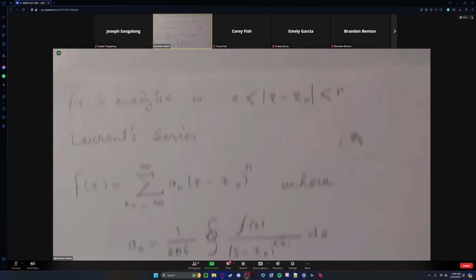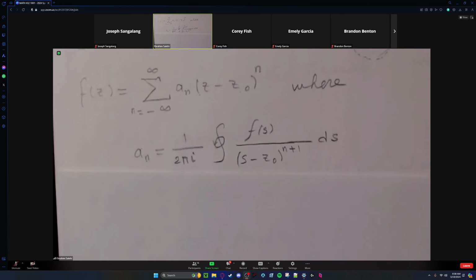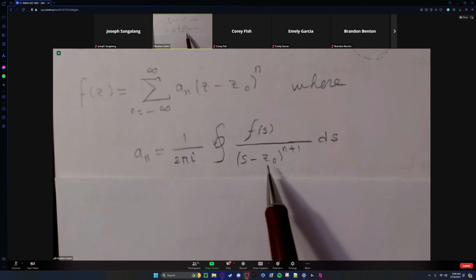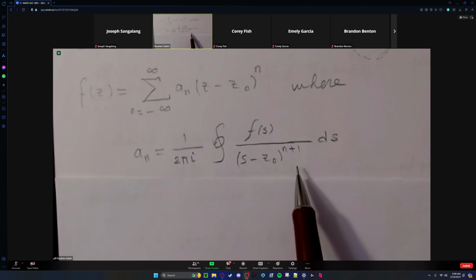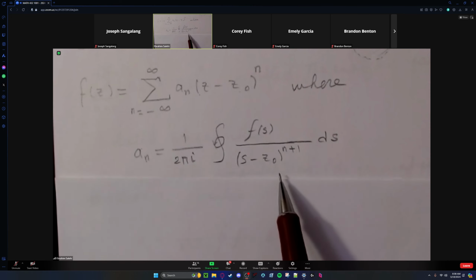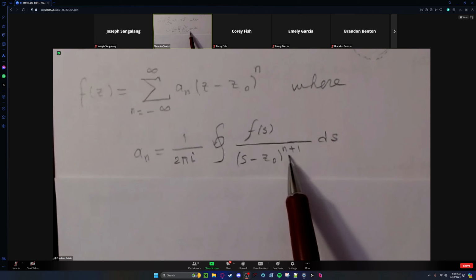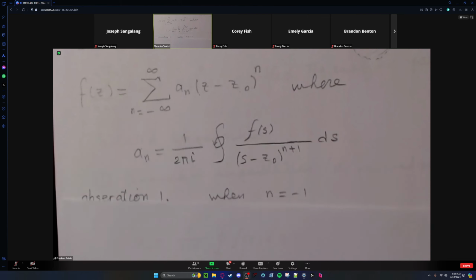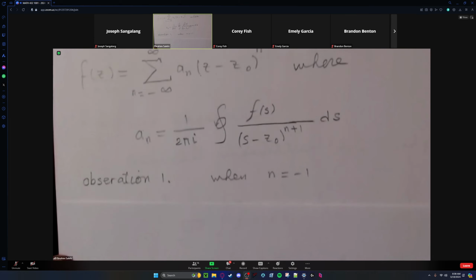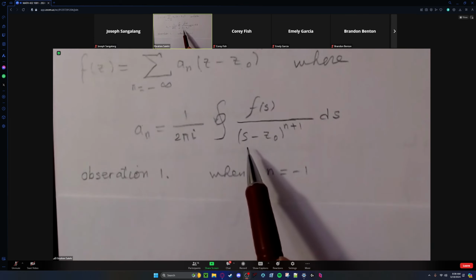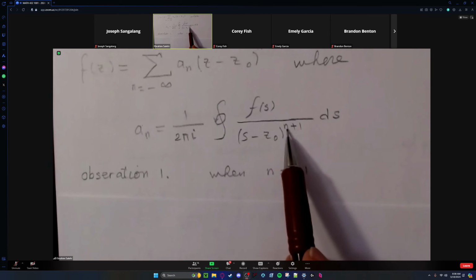Well, the coefficients are right here, exactly the same coefficients that we had in the Taylor series, except here n can be any integer, n can be negative, right? Well, one beautiful observation here is: what happens if n is -1?